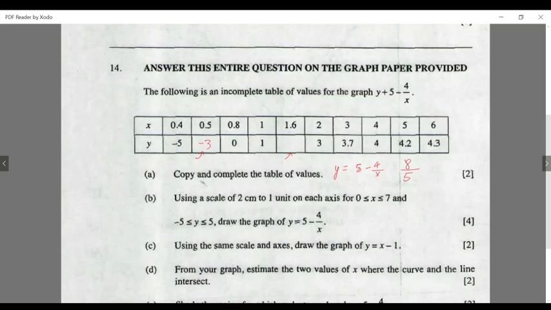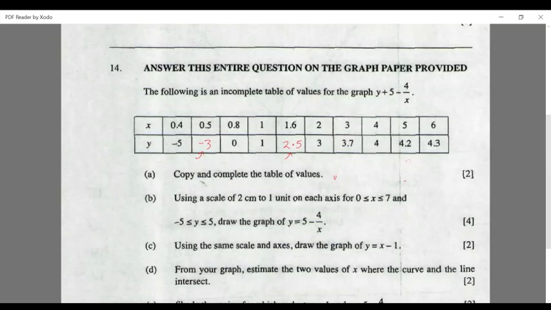So you put 8/5 in, you're then doing 4 divided by 8/5, which is 0.5 times 5. So 0.5 times 5 is 2.5. 5 minus 2.5 is 2.5. So that's it, we've done that. So we filled in, and then we'll just move on.